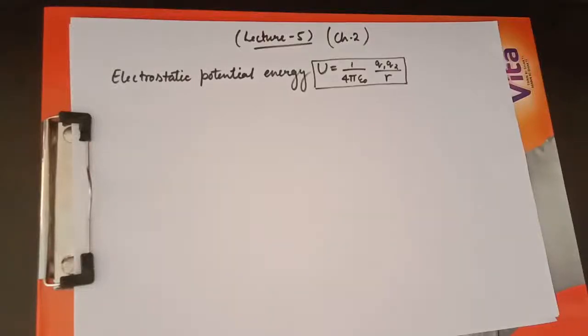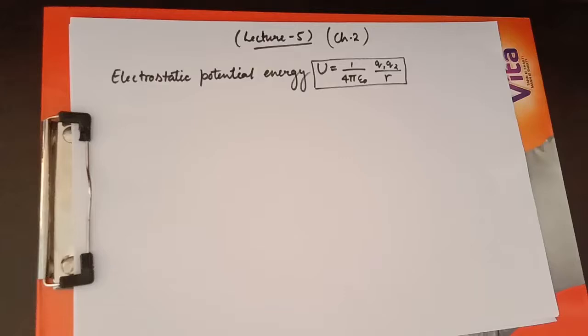Today we will start with our lecture number 5, and yesterday in the previous lecture we have studied the formula for electrostatic potential energy, and we denote electrostatic potential energy by a letter U, capital U, and it is equal to 1 upon 4 pi epsilon naught Q1 Q2 divided by R. So you can learn this formula by comparing it with the formula of Coulomb's force, electrostatic field and electrostatic potential.